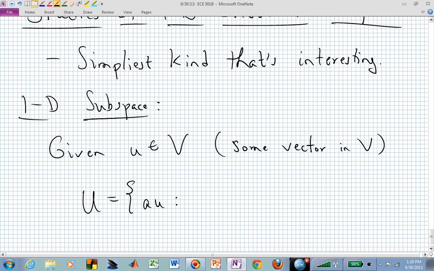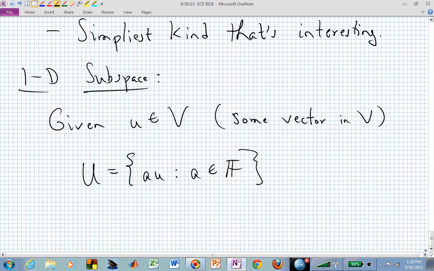Then the subspace is really going to be any scalar multiplication of that single vector, which U then is made up of all the scalar multiples of u.